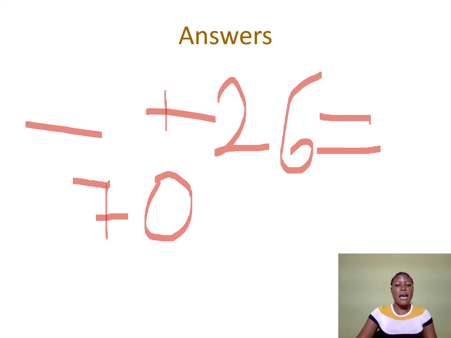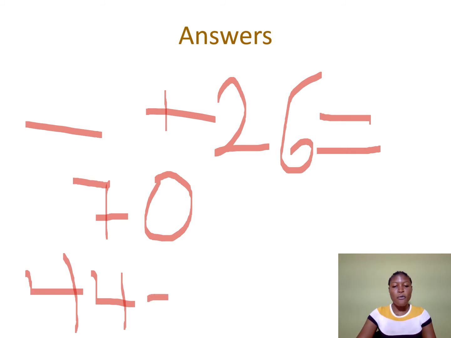Right? Now the answer for this is 44. So when you add 44 to 26, you get what? 70. And the name for the 44 is what? An addend.